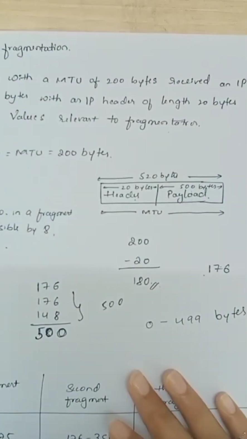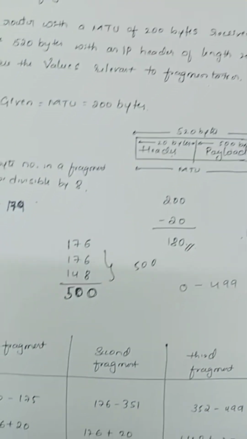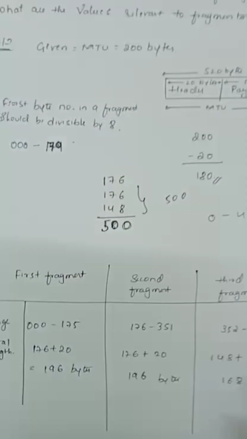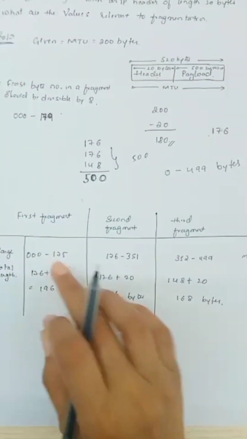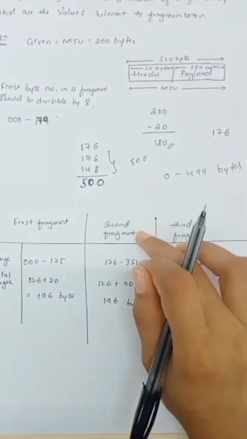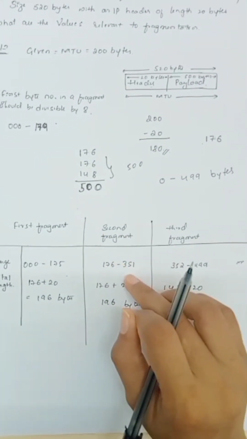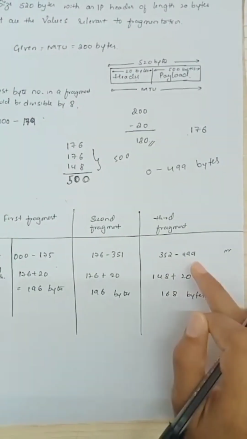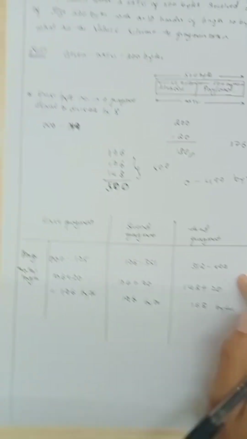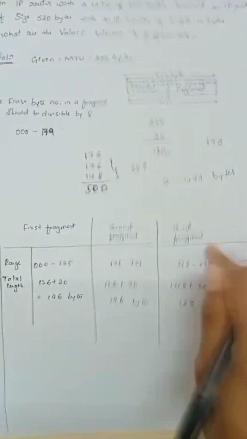Now let us write the range for the first fragment. The range for the first fragment will be 0 to 175, the second fragment will be 176 to 351, and the third fragment will be 352 to 499. This will be the range for the first, second and third fragment.